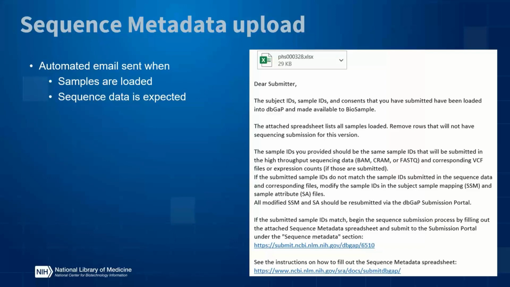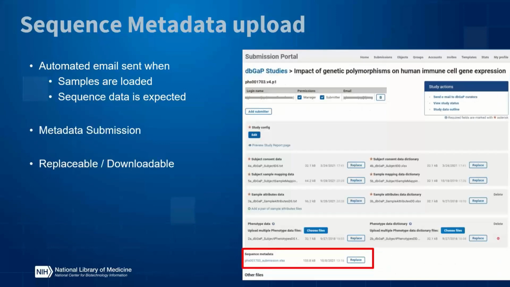But now we've started to incorporate the sequence metadata upload through an automated email that's sent to the submitter as soon as the samples are loaded, and as long as there's sequence data expected in the study data outline.